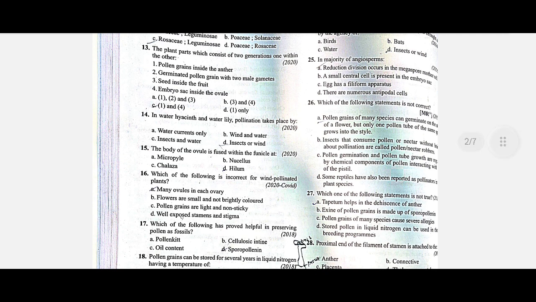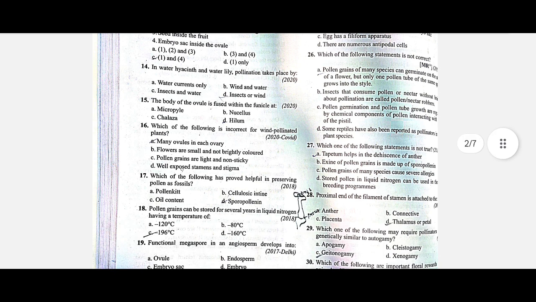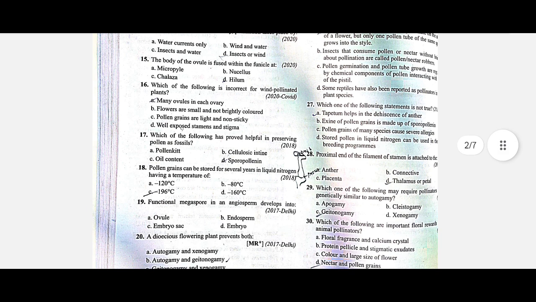Which of the following is incorrect for wind pollinated plants? Option number A, many ovules in each ovary. This is the correct answer. Which of the following has been helpful in preserving pollen as fossil? The answer is D, sporopollenin. Next question.